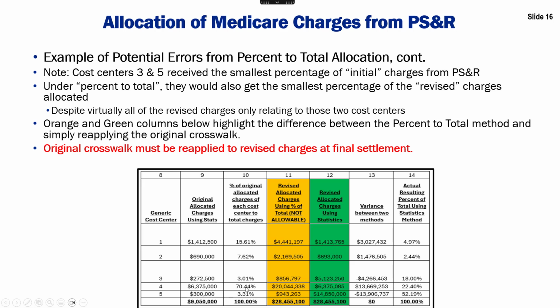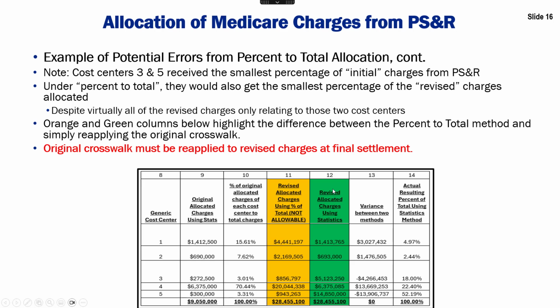So using percent to total, we would say it should have 70% of the revised charges as well, which makes no sense because cost center 4 was not impacted by that revenue code revision. Remember, that revenue code 3 only impacted cost centers 3 and 5. Right away, you see a major flaw in the system.